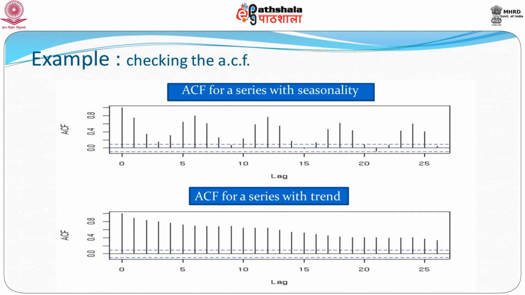So, these two pictures tell us actually that if you have non-stationarity either in the mean or in the seasonality or in the trend, you can look at the a.c.f. functions and find out whether the process is stationary or not.